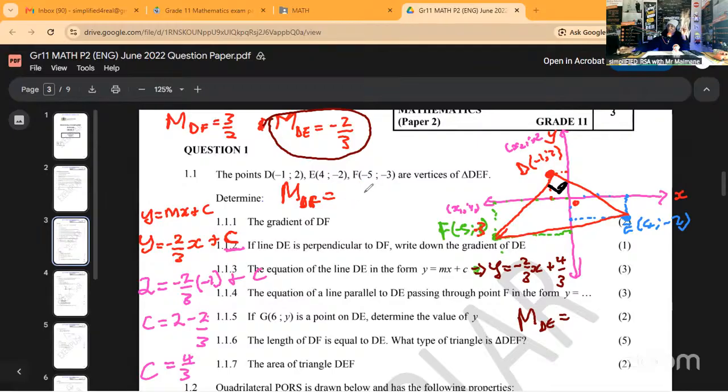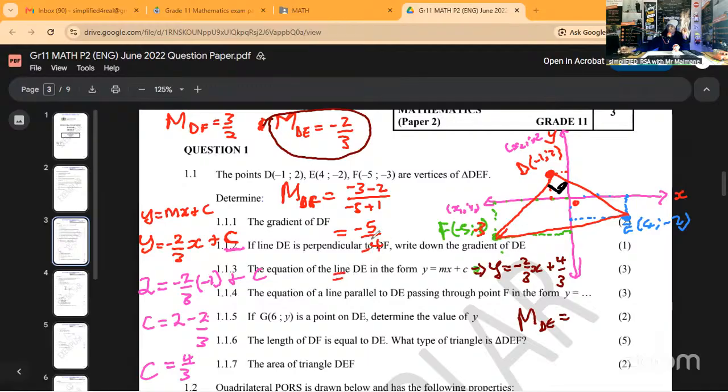So we'll have minus 3 minus 2 all over minus 5 plus 1. This is going to be minus 5 over minus 4.